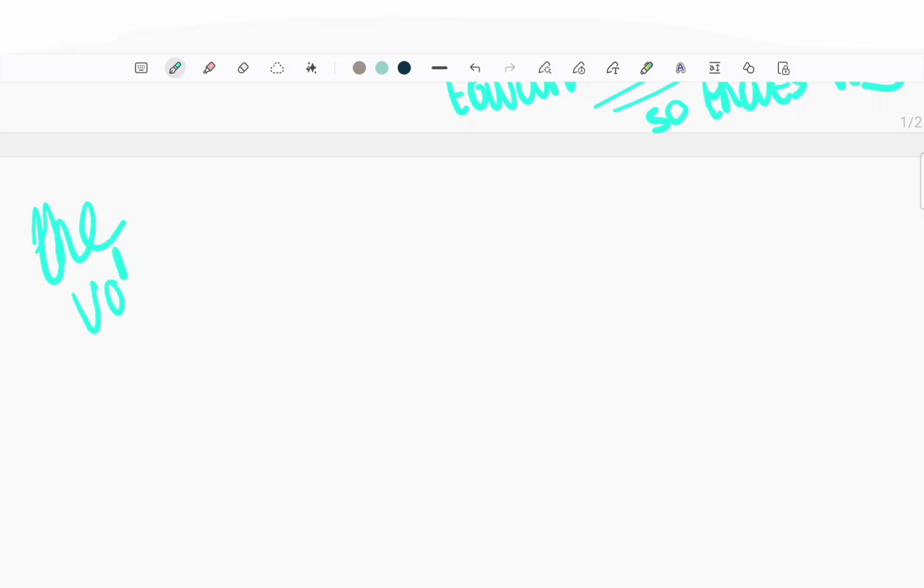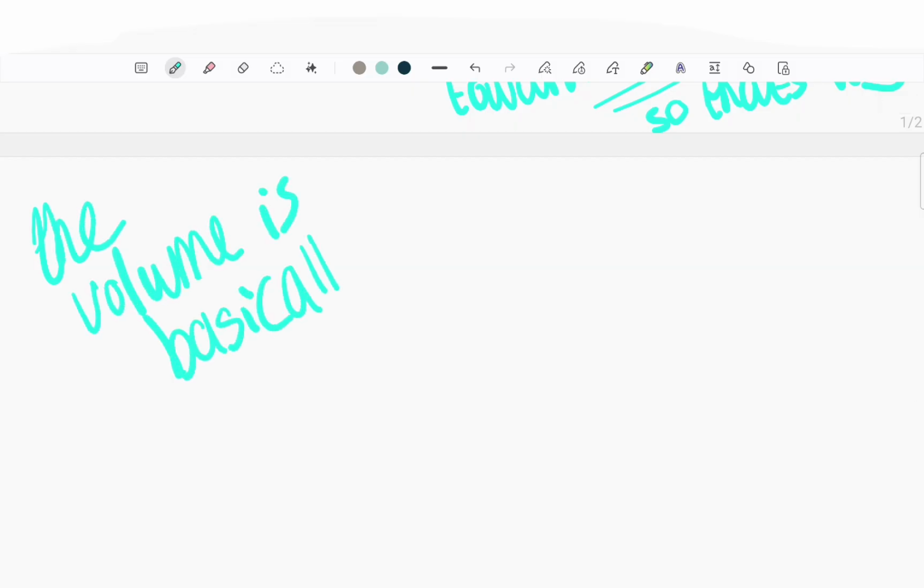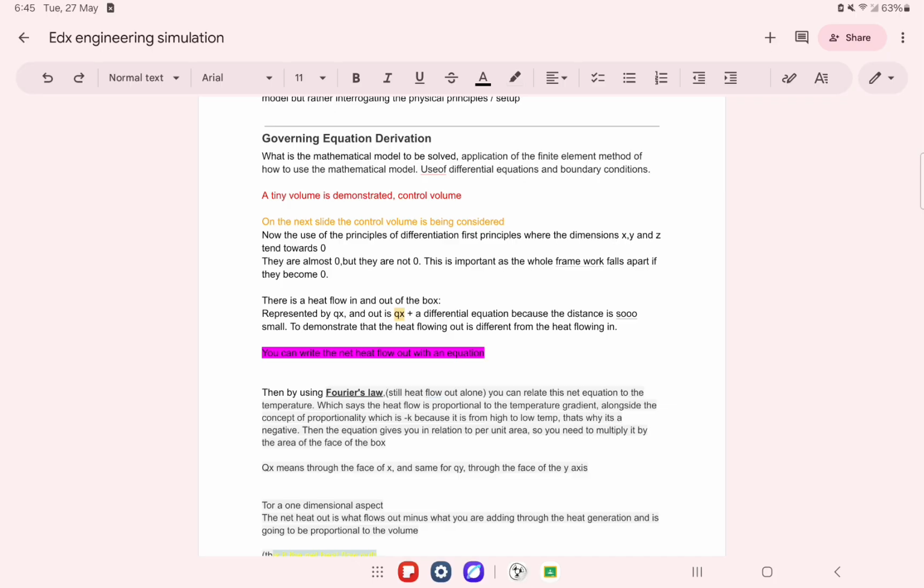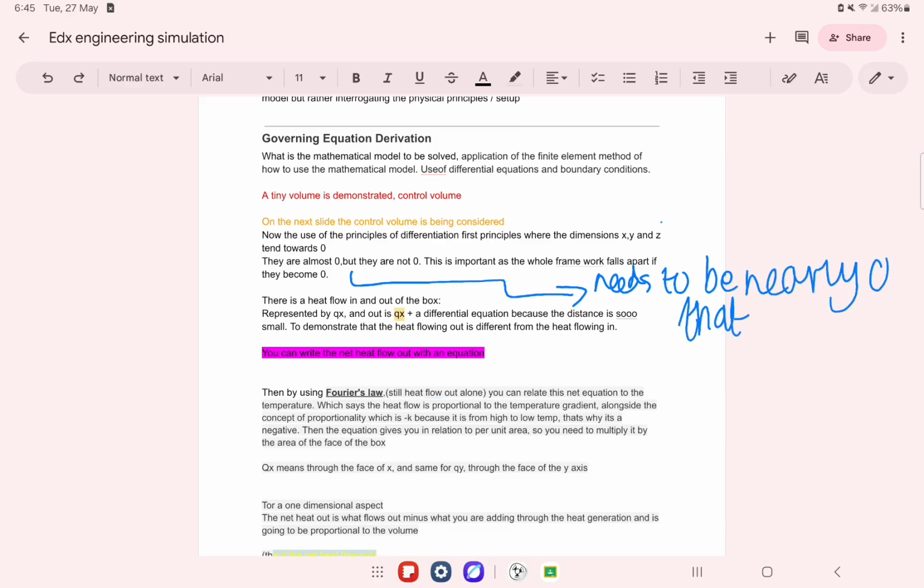We don't assume that it is 0 because that will cause a problem in the framework. Whenever concerning calculus, we assume that it tends to 0 only. So that will make the working out better.